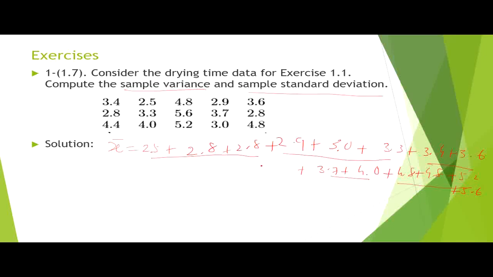Okay, 4.4. In ascending order, we have already found for the data the mean and median.